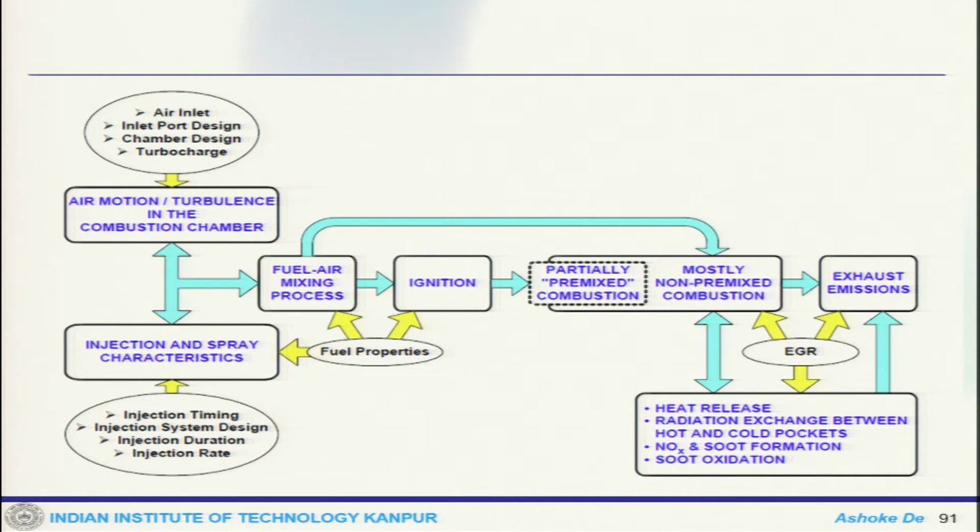When you look at CI operation, there is direct in-cylinder injection, DC, for large engines. There could also be pre-chamber injection. Then you have spray, which leads to compression ignition or ignition delay.